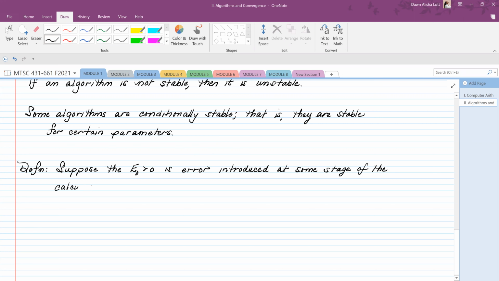And then I'm going to call En the error n iterations later, or n calculations later.